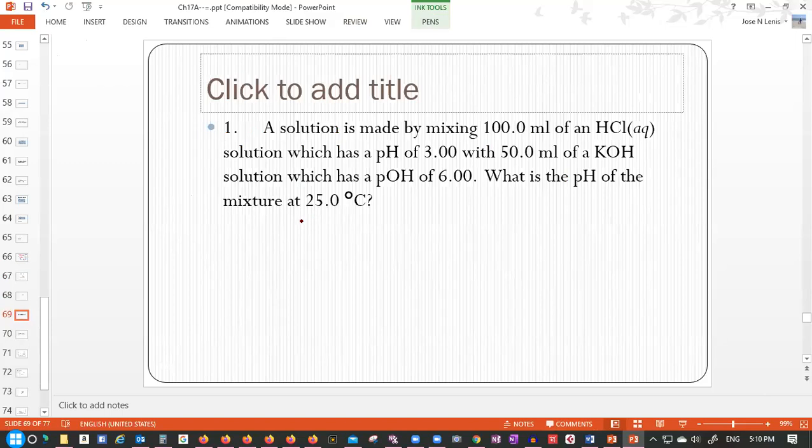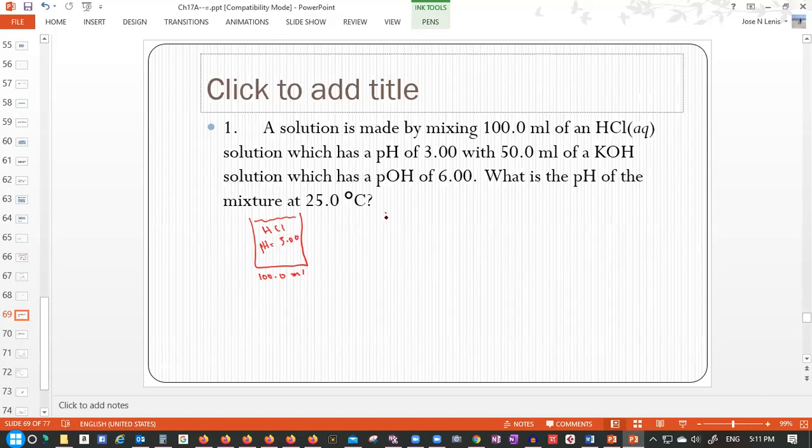Here, we have a solution where we mix. I like to draw diagrams to show exactly what we have. So we have one solution here, and this solution is 100 mL of HCl, and we know this is HCl, aqueous, and we know the pH of this solution is 3.00.